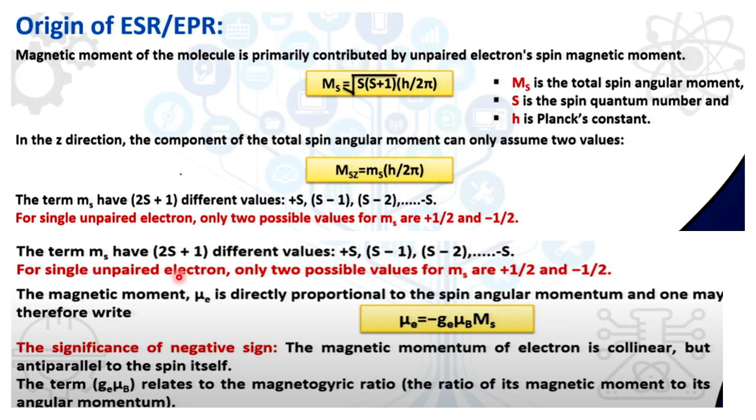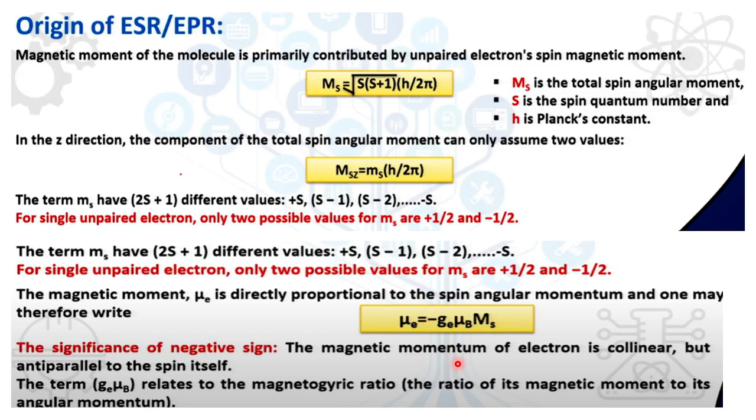Now, if it is a single unpaired electron, only two values, that is either plus half or minus half. And the magnetic moment mu is directly proportional to the spin angular momentum, and one may therefore write that the magnetic moment mu e equals minus Ge into mu b into ms. Why this negative sign?